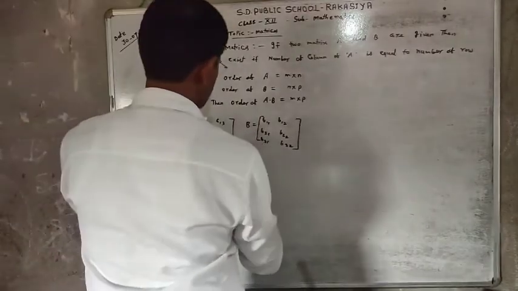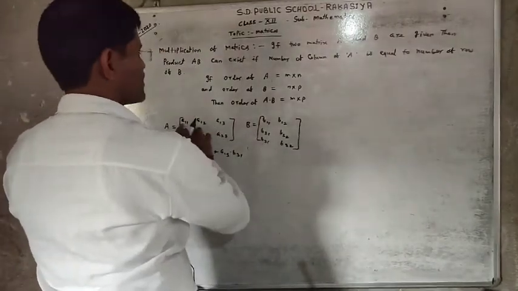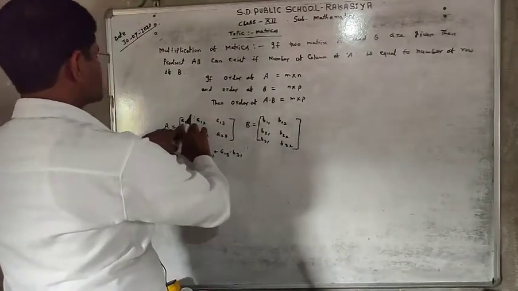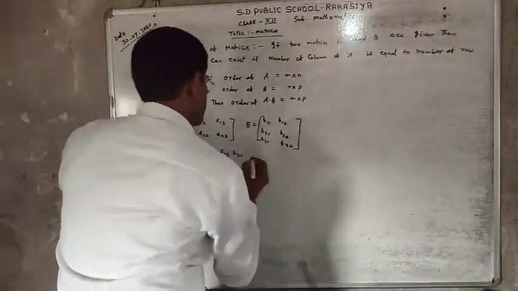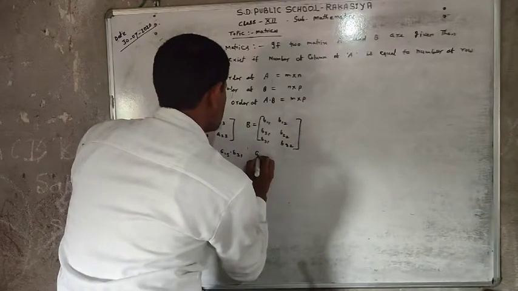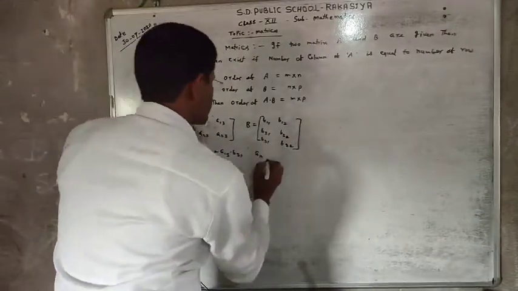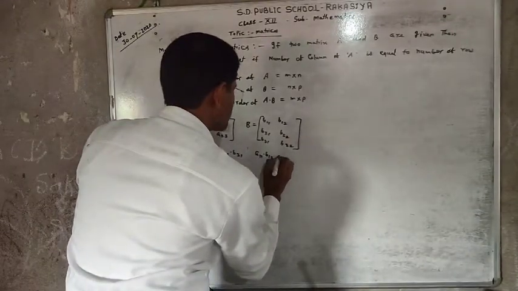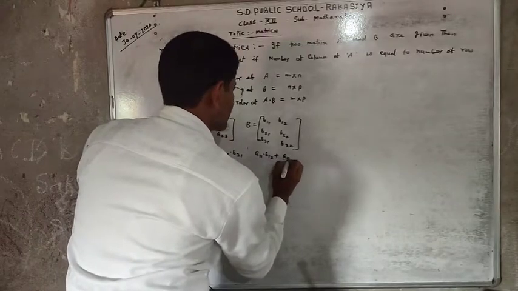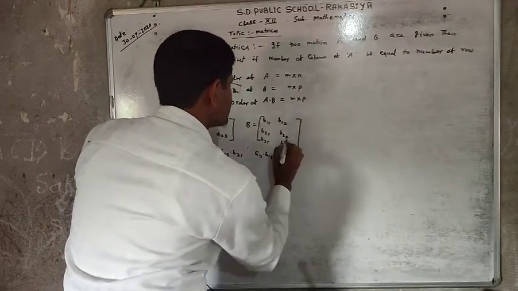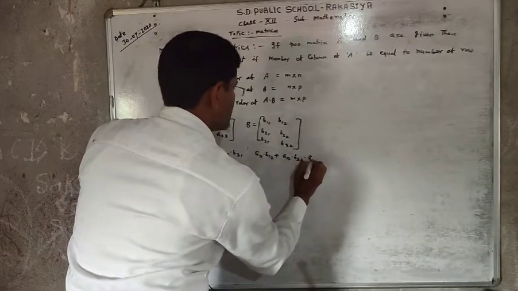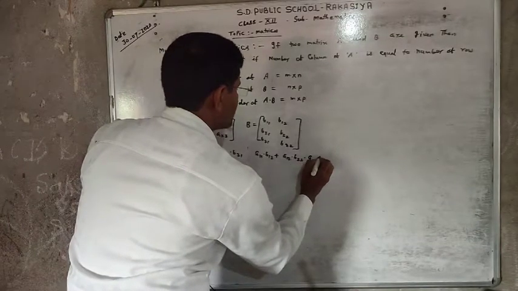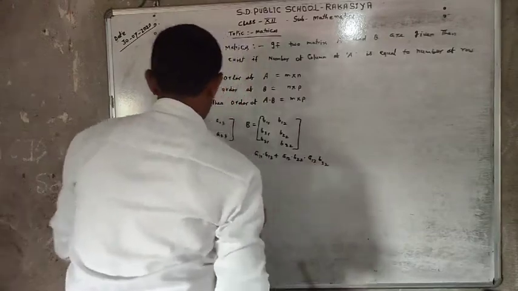Now the second element of the first row we get by multiplying the first row with the second column. According to this rule, A11 is multiplied with B12, plus A12 is multiplied with B22, plus A13 is multiplied with B32.